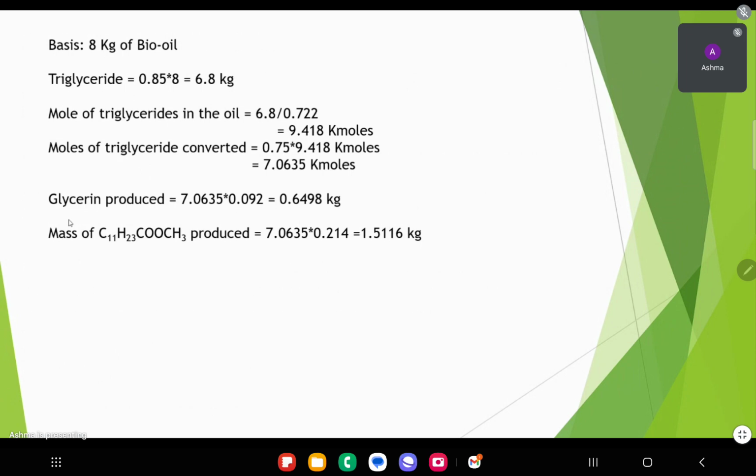And now we have to find the amount of bio oil produced. So we'll find how much mass of each acid is produced. The mass is the number of moles into its molecular weight. We will get 1.5116.